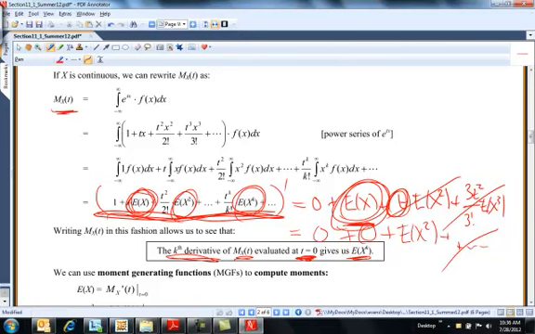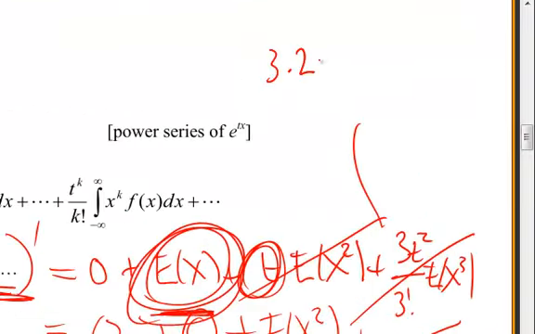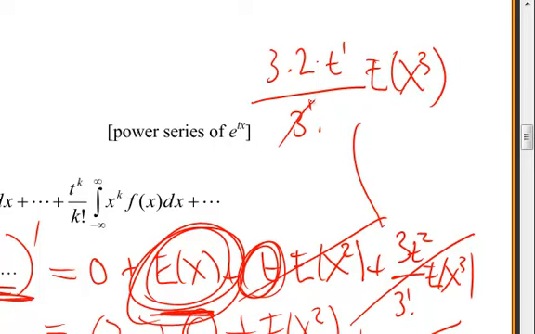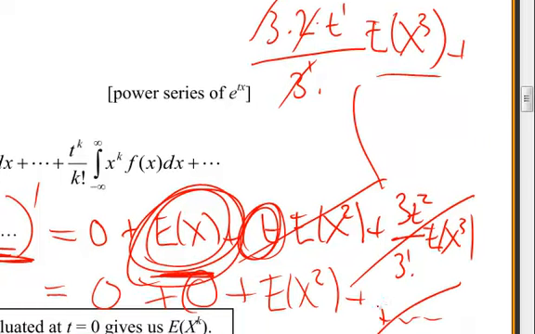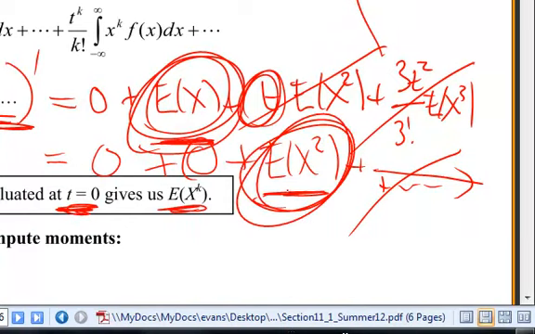Now I don't have a place to write this, but the derivative here would be 3 times 2 times t to the first over 3 factorial, expected value of x cubed. And notice that this all cancels out, so I just have a t in front of there, and so forth and so on. And when I put in 0, all the terms past x squared wipe out, and I just have expected value of x squared at the second derivative.